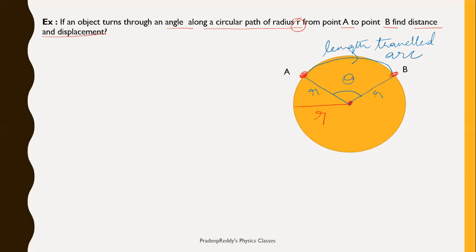So in order to find out distance, I should find out the length of the arc. Distance traveled is equal to the length of arc AB. This total length from A to B is the arc length you are supposed to calculate.